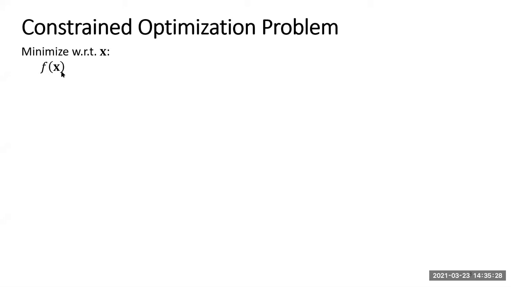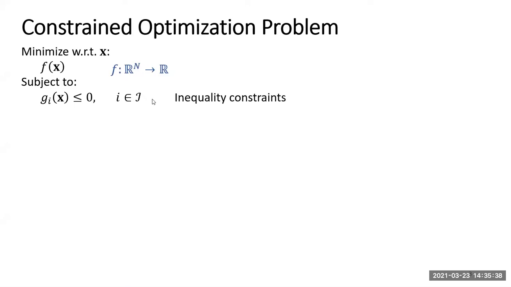So minimization of this function f of x, which is a mapping from n dimensions to a scalar, subject to g_i of x less than or equal to 0. I is the set of inequality constraints, and h_j of x is equal to 0. Script E is the set of equality constraints.